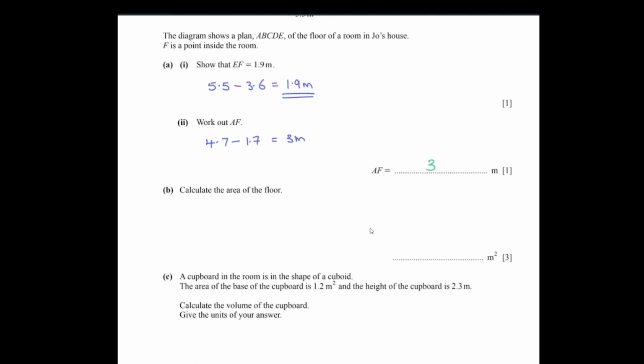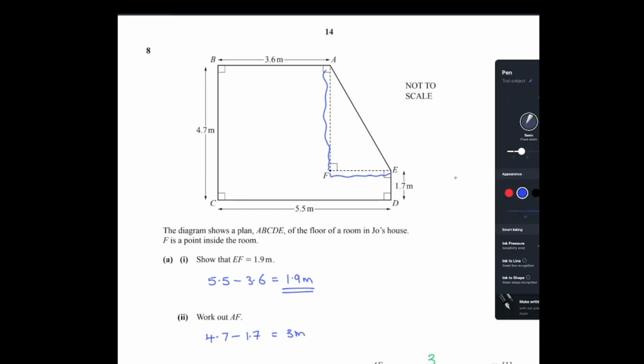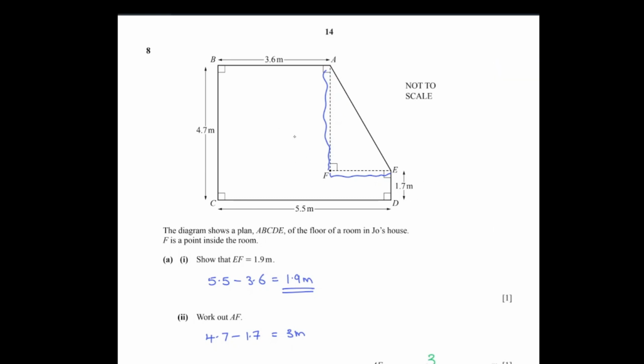Now question number B in the 8th question: calculate the area of the floor. So you have to find out the area. First we'll divide this whole shape into regular, normal shapes whose area we know how to find. You could try the trapezium area formula.